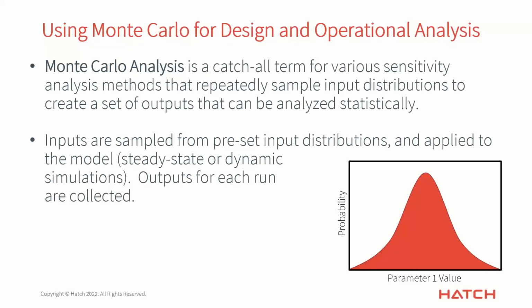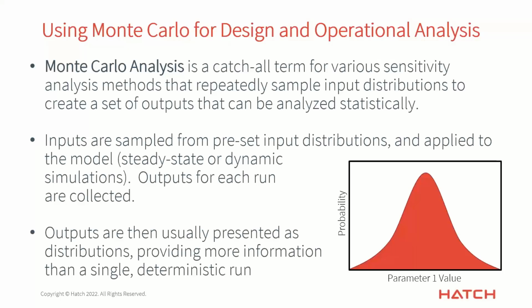So in this case, you are deciding ahead of time what you think those input distributions are going to be. And then every iteration of the model, you will find a different value being used, and you do a different sample set. They're all sampled independently from each other. And then you run a simulation, either steady state or dynamic, and then you collect all of those outputs.